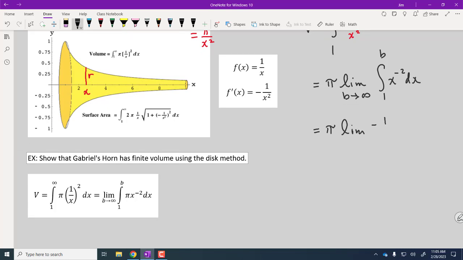So it's going to be minus 1 over x as b goes to infinity, from 1 to b. So we have minus 1 over b, minus minus 1 is plus 1.